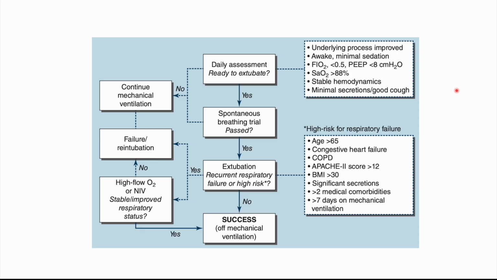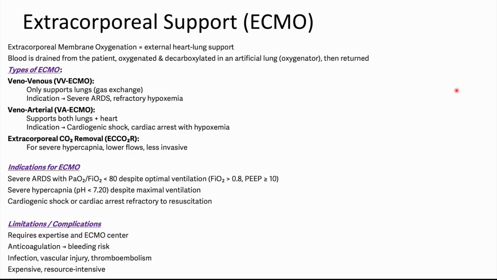So next is extracorporeal support, which is ECMO. ECMO is the highest level of support, where blood is drained and oxygenated and decarboxylated in an artificial lung and returned to the body. So there are types of ECMO.